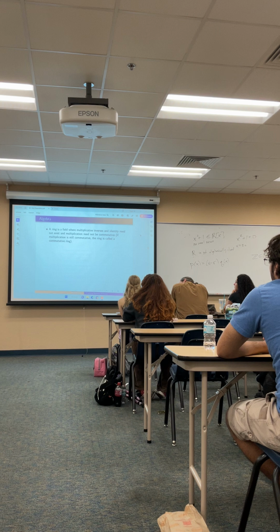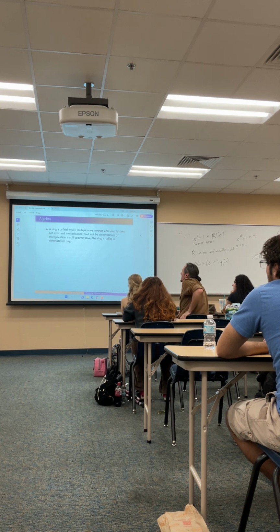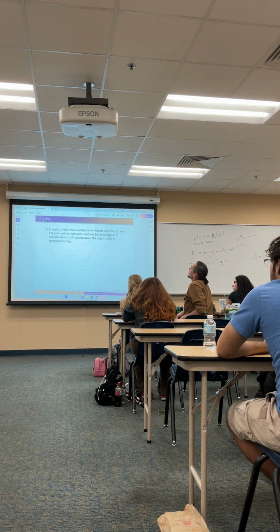Even in the case of, again, like specifically R3 equipped with a cross product, so you could call that a multiplication. It would be non-commutative. I'd have to think for a second, but I think it fails. No, it's got no identity. Well, it has an additive identity. It doesn't have multiplicative, but you don't need that for a ring.